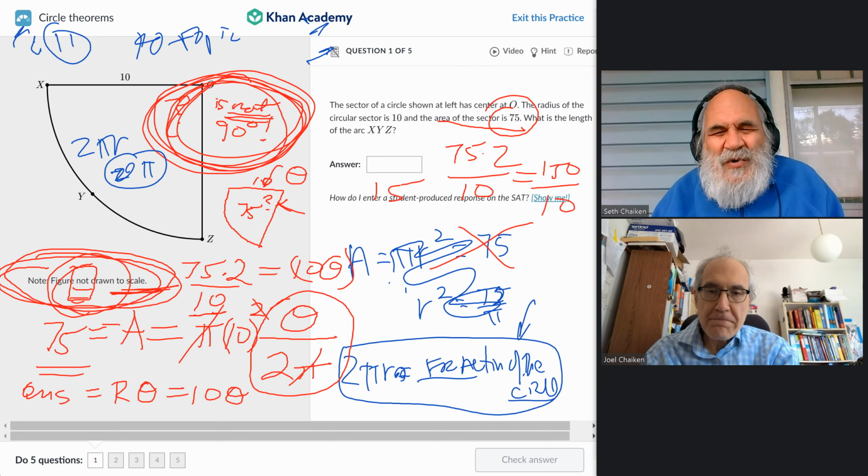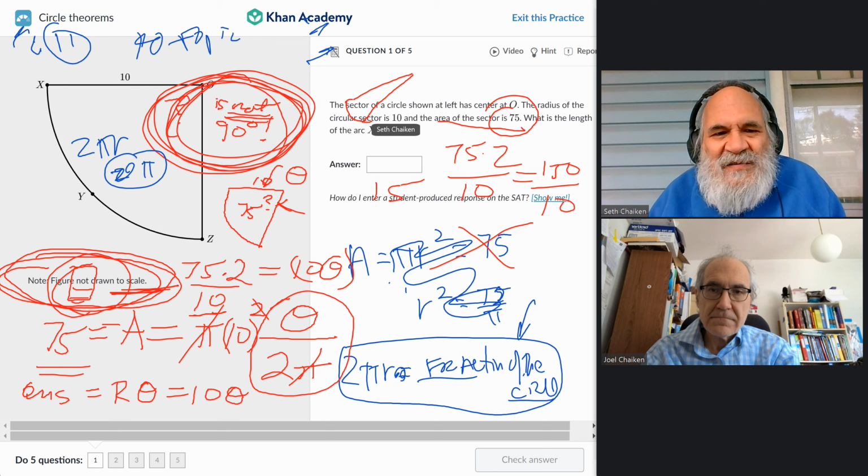Yeah. And what I used was the fact that the circumference is 2 pi r. But I also know the meaning of radian measure of a circle.